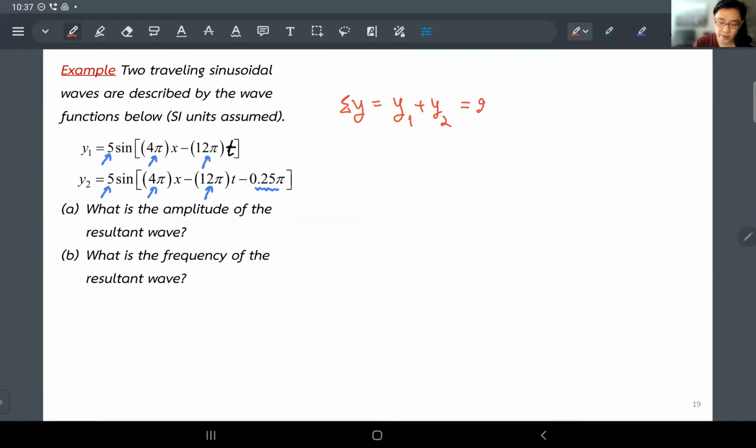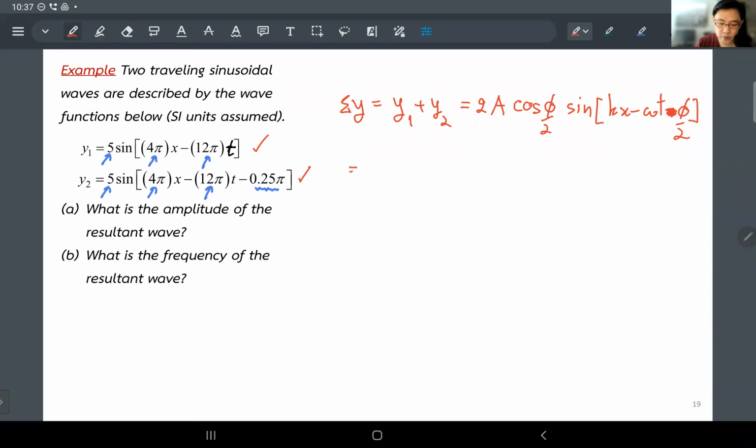You're going to get the final result to be 2A cosine of the phase difference over 2, and then you get the sine of the exact same type of waves, plus phi over 2. Actually, it has to be minus, but that's okay. Right, there you go, minus phi over 2. But anyway, you don't have to memorize this formula. All you have to do is take this y1 and y2 and just add them together. That's what I'm doing.